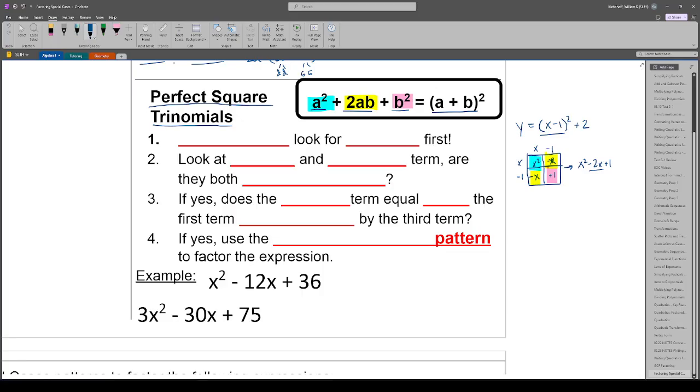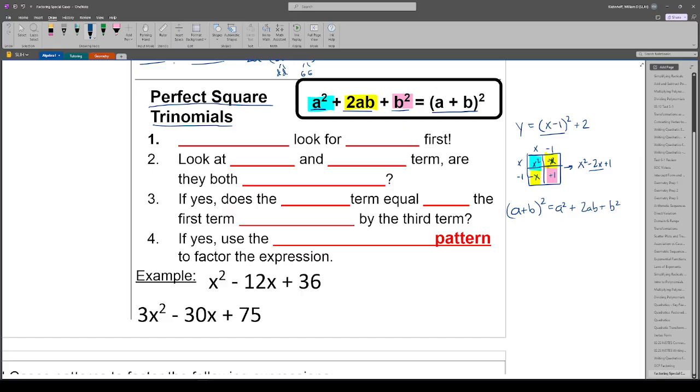There's two versions of this. There's only one written here, but the difference is just this symbol in the middle. So this is a perfect square of a binomial with a plus. So a plus b squared is equal to a squared plus 2ab plus b squared.